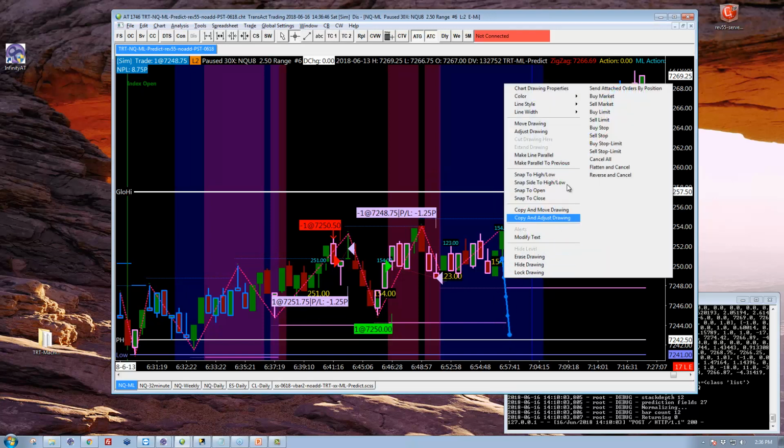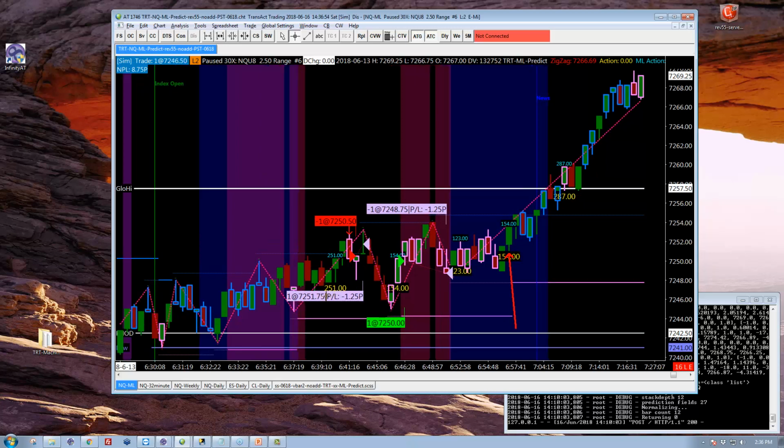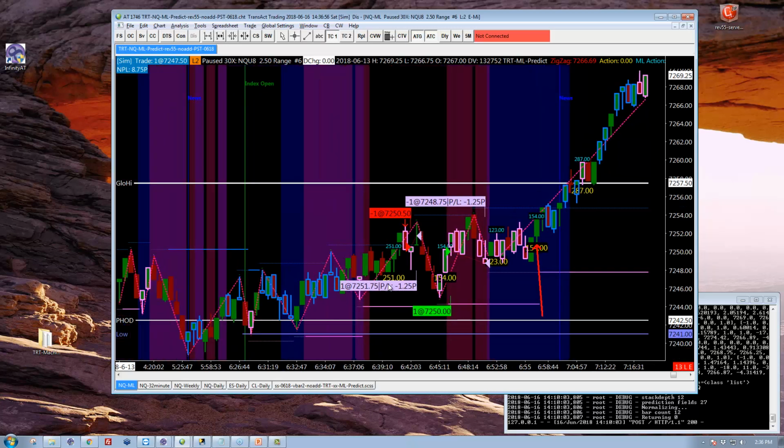The question is, well, doesn't the current method keep you out of this trade as well? And I don't think so. I think there's enough of an angle here that it's going to say it's okay, because the current method uses an EMA and looks at the angle of that EMA, and this is clearly angling up. So that's the debate that Michael and I were having.